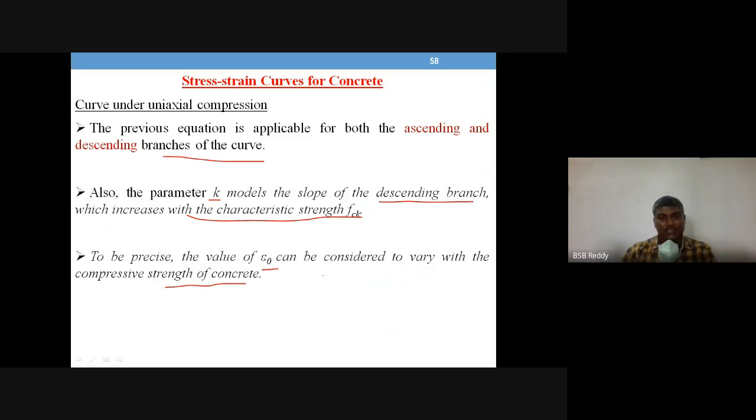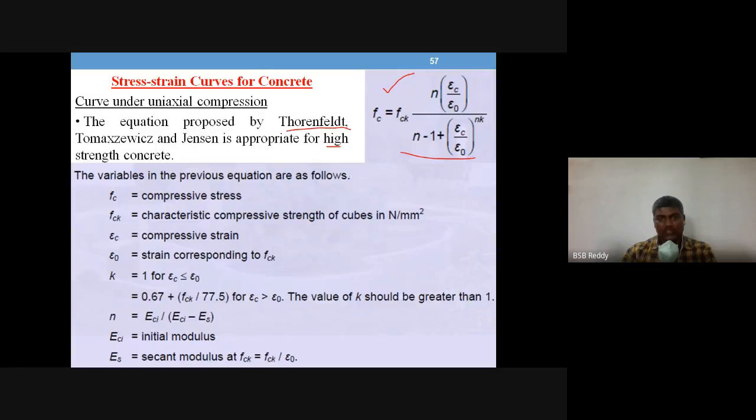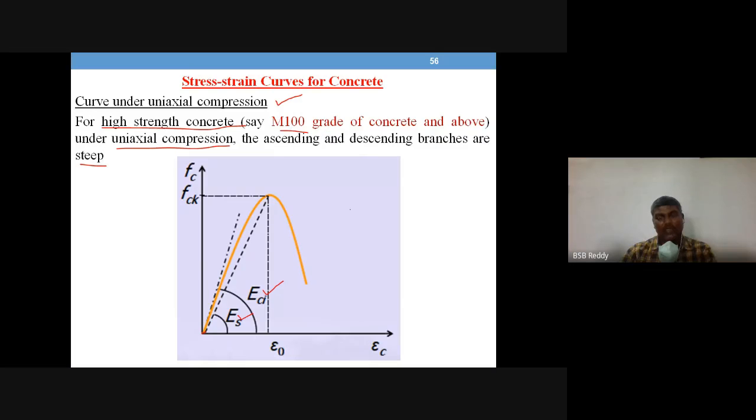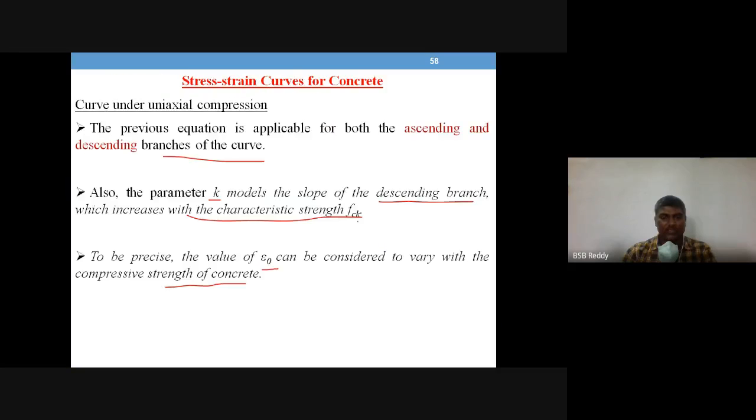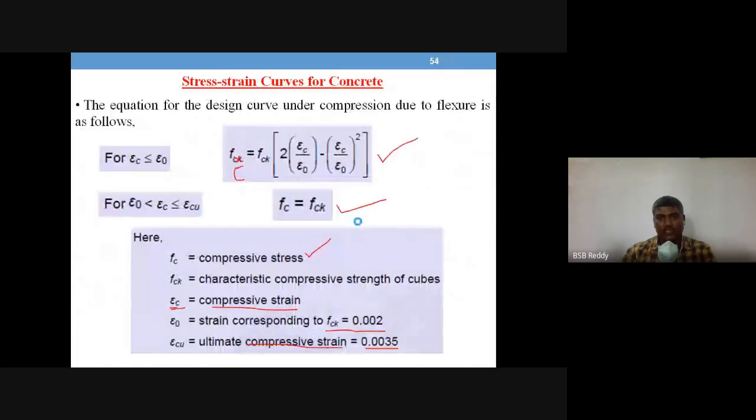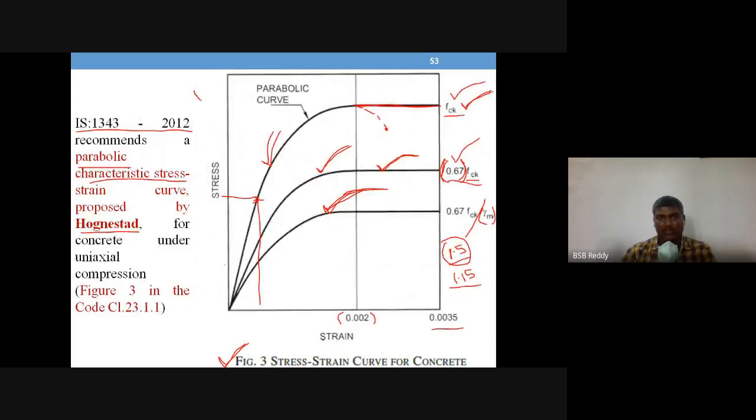So this is about the grades 100 and above, which, just for your information, you can have if you want. Otherwise, what we'll be worried about is only this figure number 3, which will be extensively used for high strength concretes up to M80 as the IS code suggests.